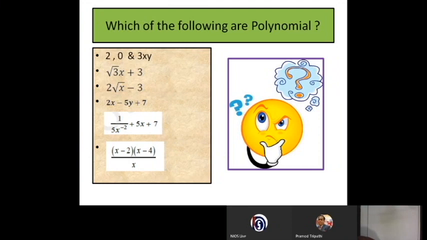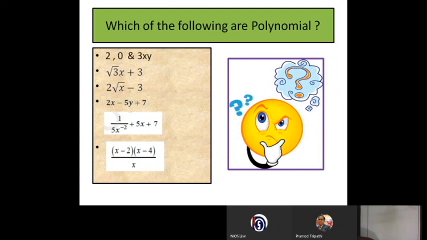Yes, no, the variable is hidden here. So the 2 can be written as 2 into 1, and the 1 can be written as x raised to the power 0 or y raised to the power 0, or any variable bearing the exponent 0. So 2 into x raised to the power 0. So the variable is there, so hence 2 is a polynomial.